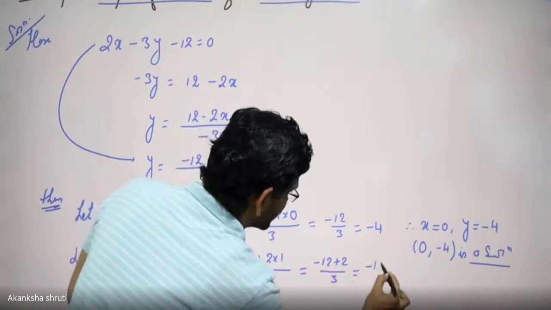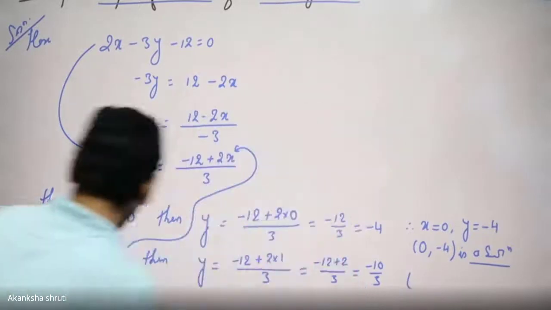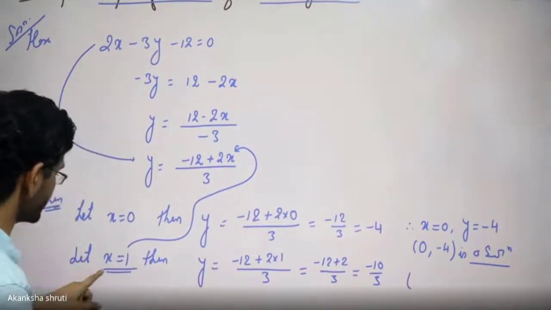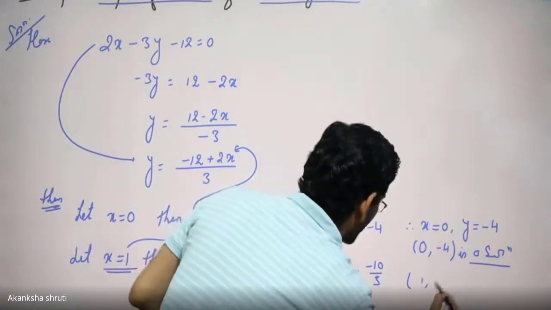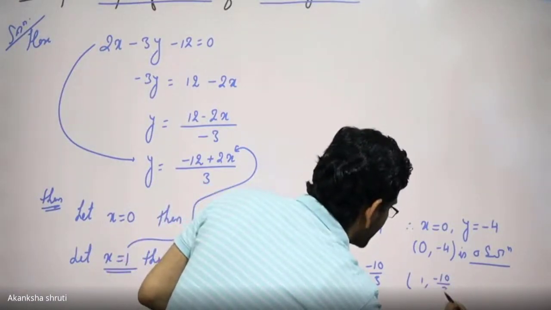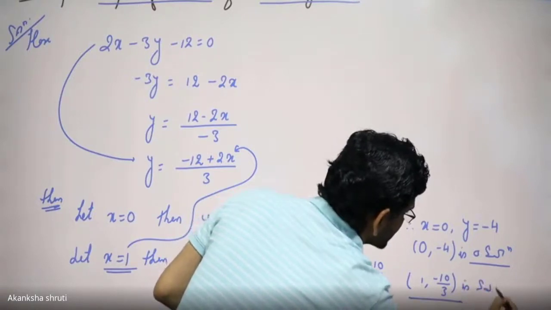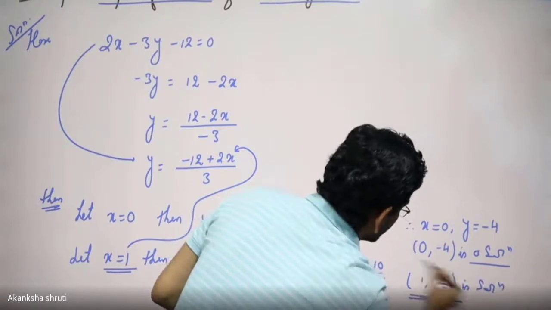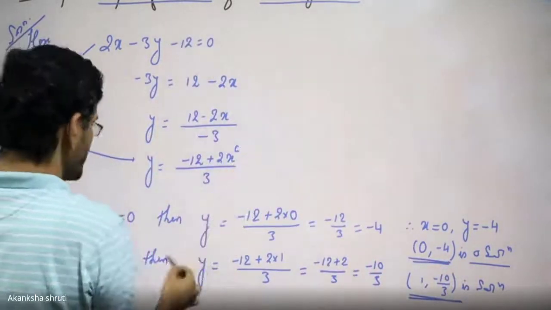It is our minus of 10 by 3. Therefore, the other solution is x equals 1 and y is minus 10 by 3. This is the other pair of solution. This was the first pair. So student, the concept is very simple.